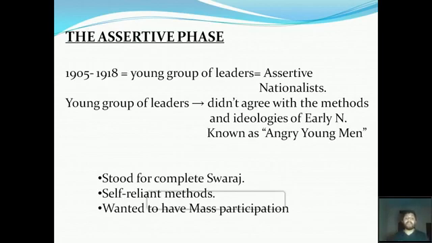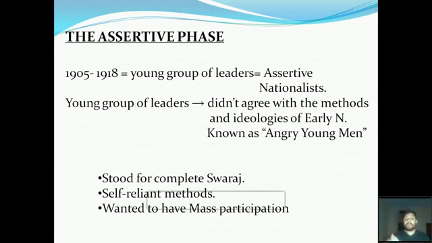Then they wanted mass participation, because they knew very well that with a small group of people, they were not going to gain anything for the nation. So their main aim was to give the message even up to the grassroots level of the village or the country.